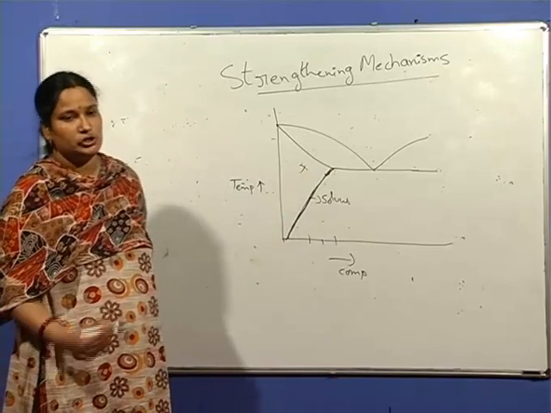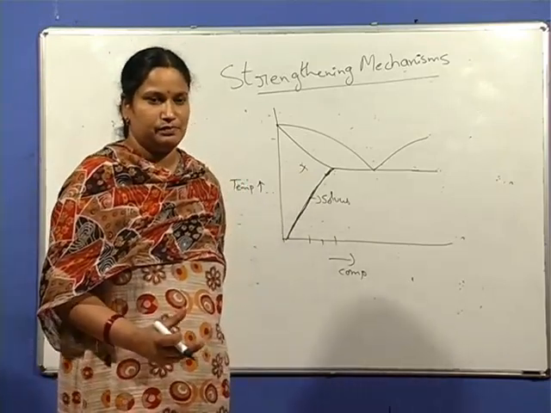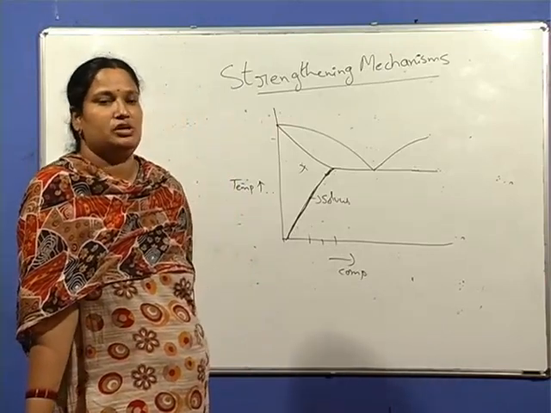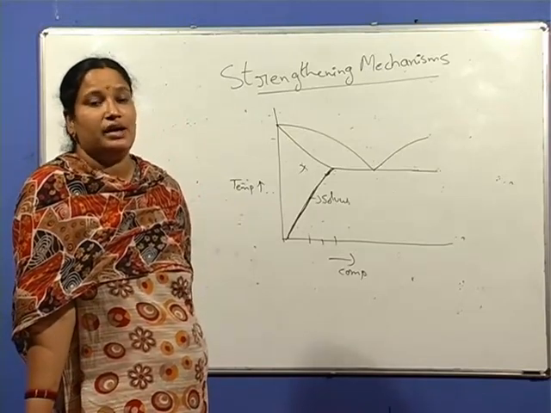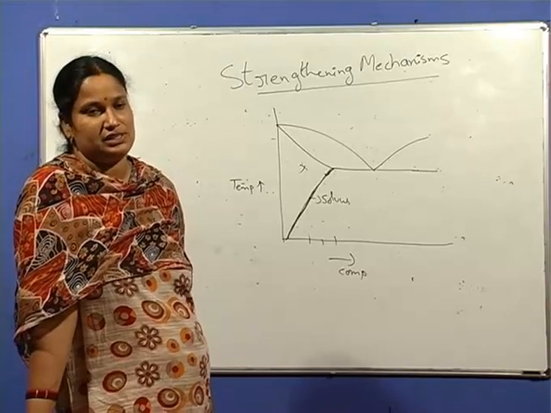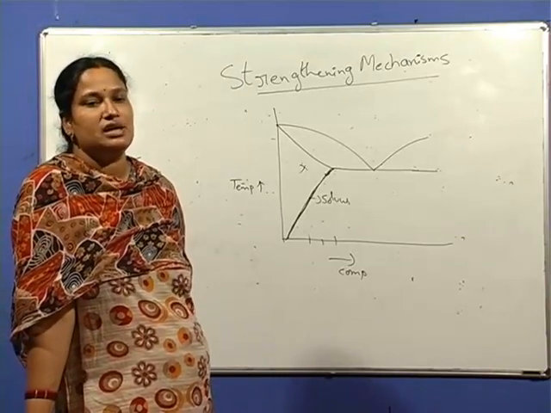Then after solutionizing, the alloy is quenched. Quenching is mainly to retain the supersaturated solid solution, and then upon aging, the excess solute comes out in the form of fine precipitates. The size of the precipitate increases with time.